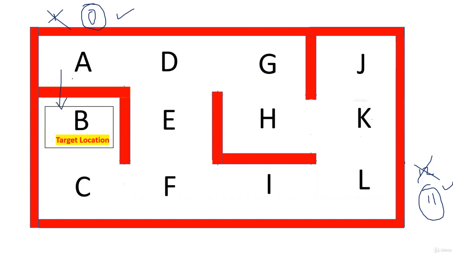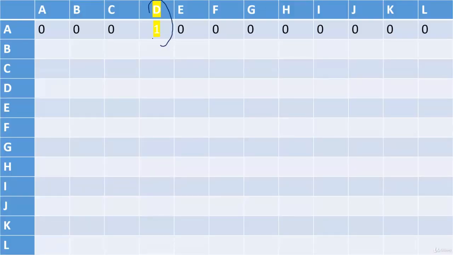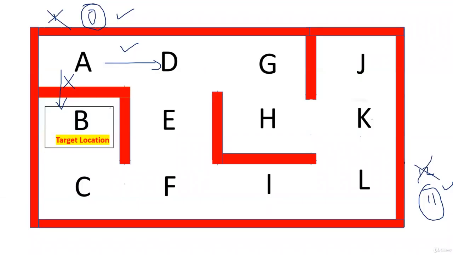A and B connection is not there, but there's a connection between A and D for sure. So we are going to fill A and D as one. The rest of the things are zero, because they are not connected. A is only connected to D directly.